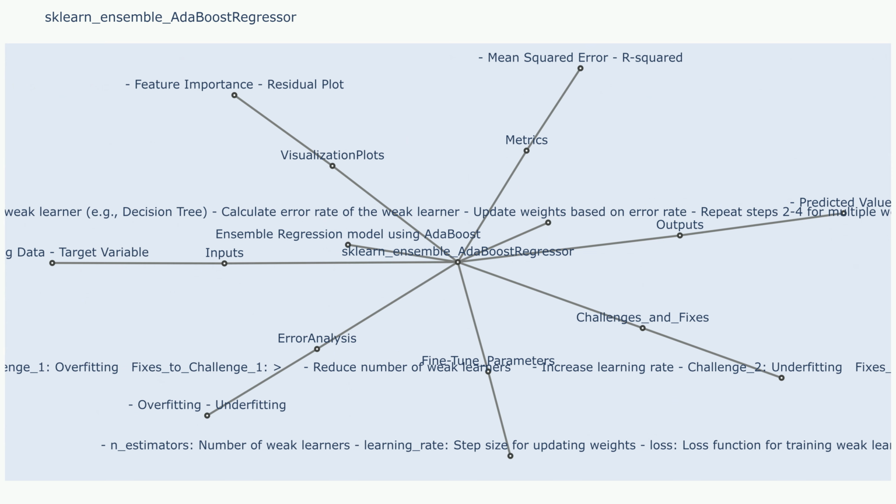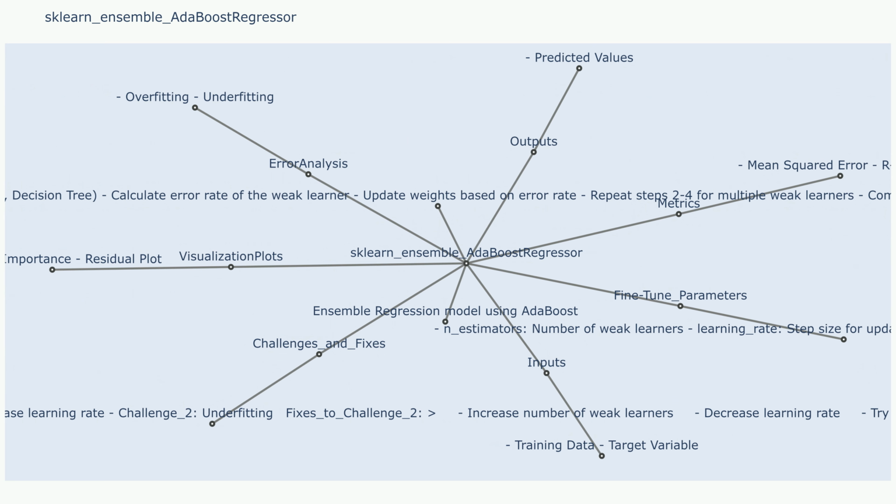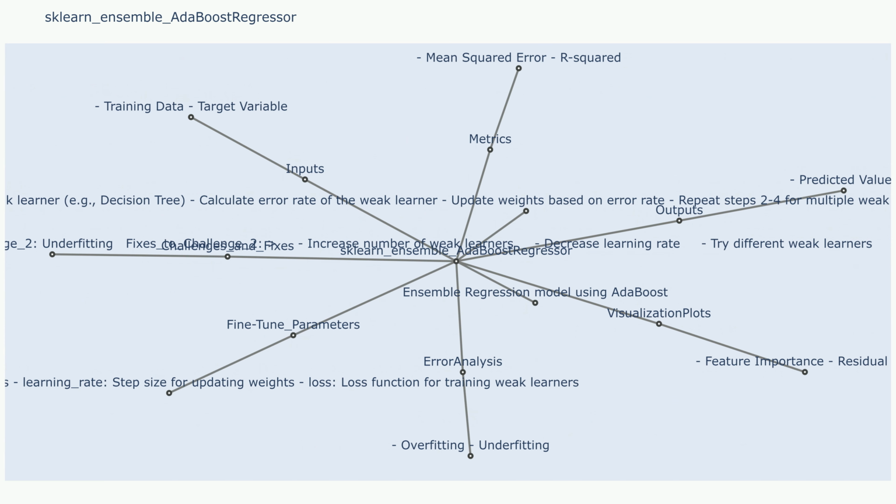Metrics: mean absolute error, MAE, measures the average absolute difference between the predicted and actual values. Root mean squared error, RMSE, measures the square root of the average squared difference between the predicted and actual values. R squared measures the proportion of variance in the target variable that is explained by the model.